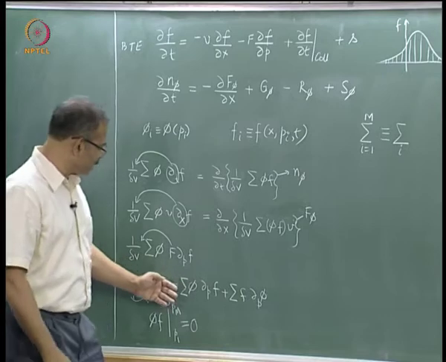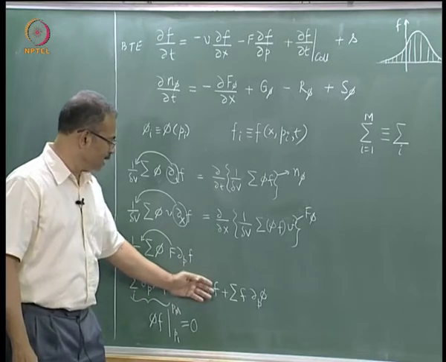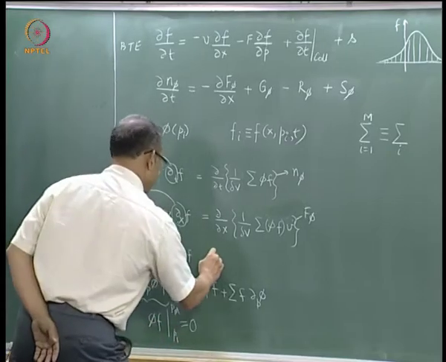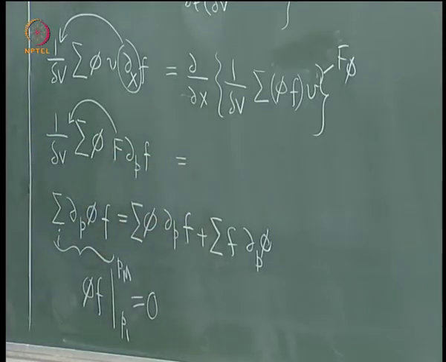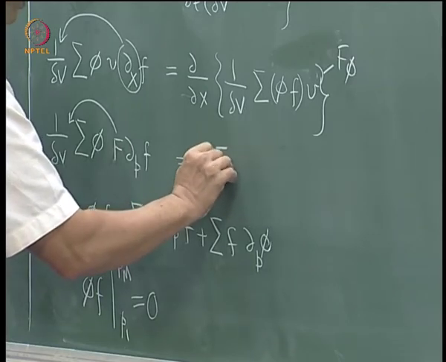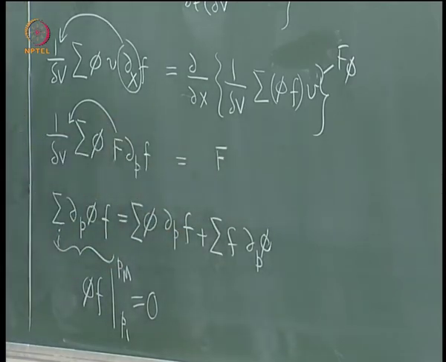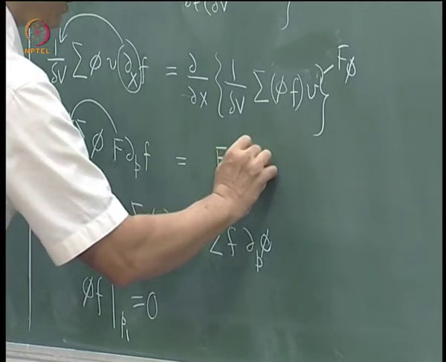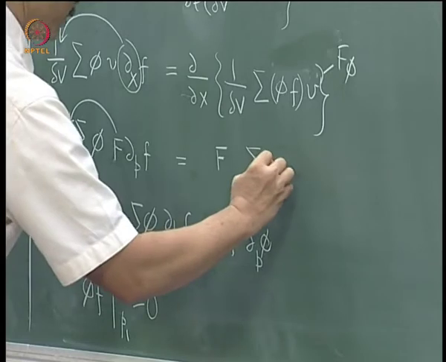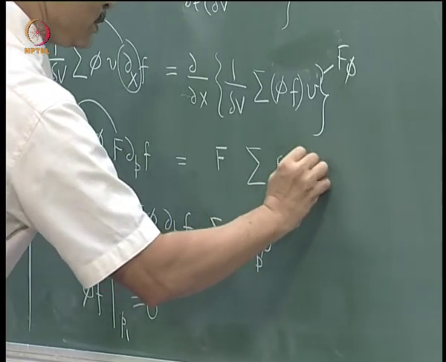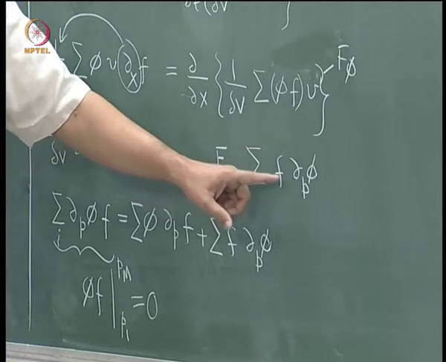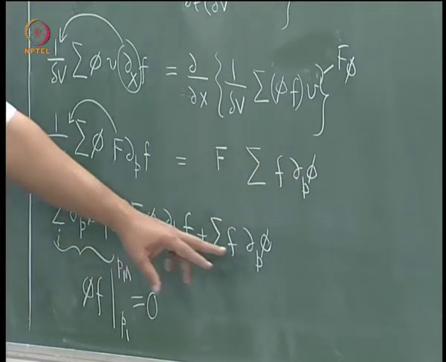Now that is the advantage. So you have converted this expression into a simpler expression. So if you do that, write that down now, use this fact. So this will turn out to be f into sigma capital F into sigma small f into dou by dou f of p.